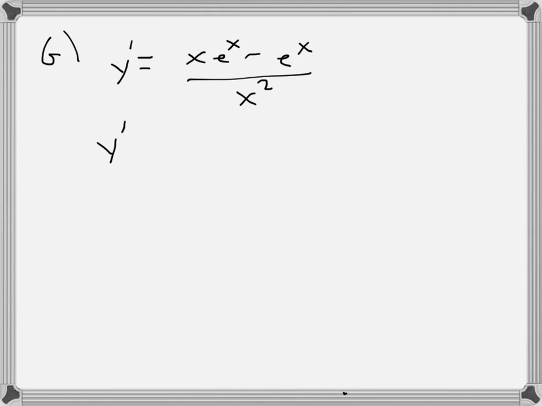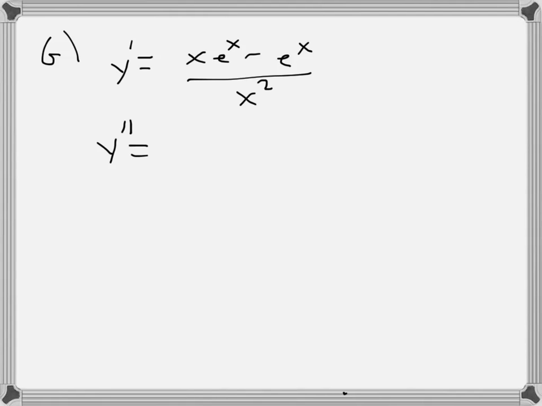So now, let's look at our first derivative again, which was x e to the x minus e to the x over x squared. I need to take the second derivative. It's kind of a bust either way if I had factored the top, but let's see what we get here.